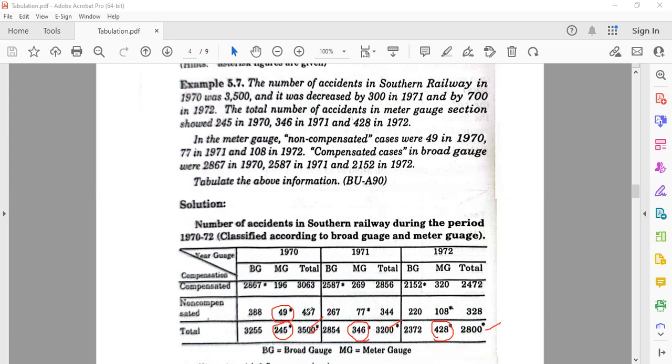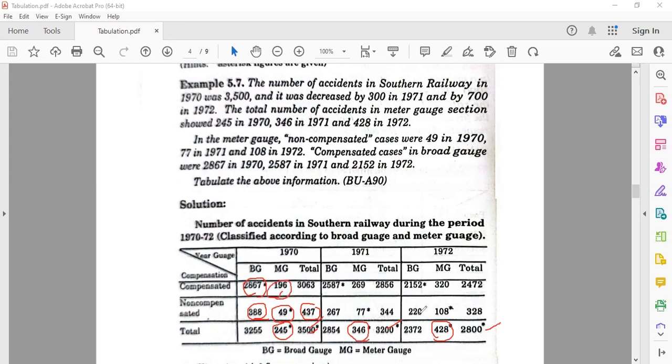Now this gets divided into the total of compensated and total of non-compensated. Here we know that 49 is the non-compensated cases. So when you subtract it from 437, what you get is 388. Similarly, in broad gauge, 2867 is compensated, so that gets subtracted from 3063. What you get is 196.